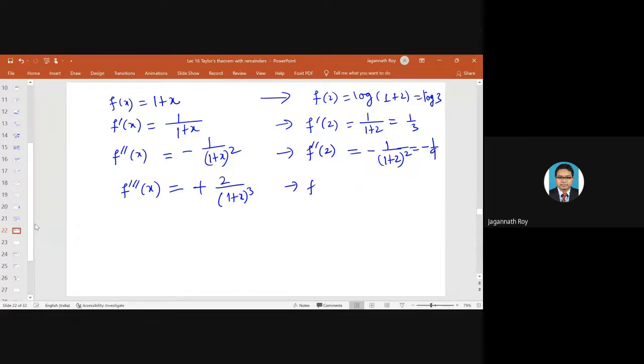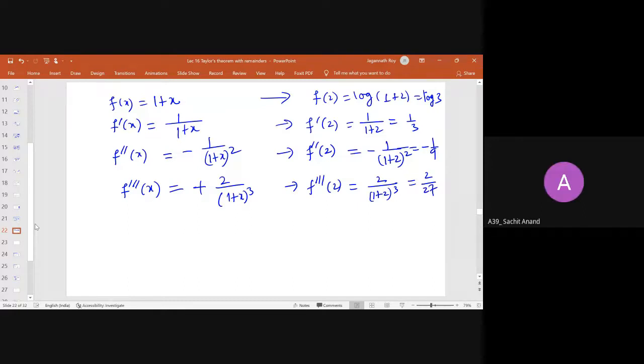So this becomes f triple dash 2, so this becomes plus, so this is 2 by 1 plus 2 whole cube, that means 3 cubed, so 2 by 27.